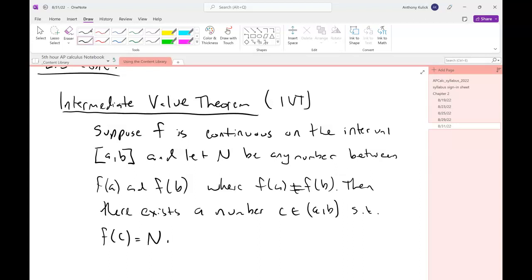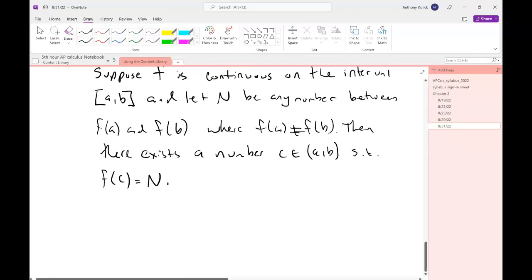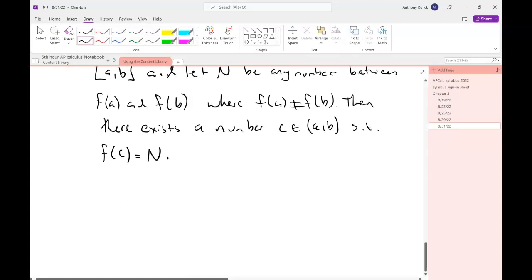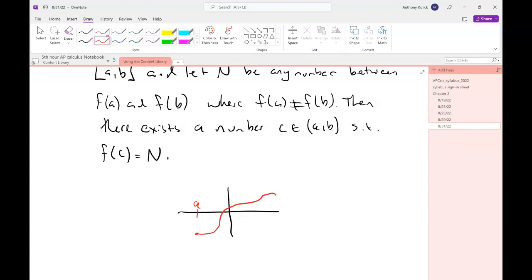Let's draw a picture to illustrate what this is really saying, because although this sounds rather technical, it's kind of a no-brainer. Let me draw a little picture here. Let's say this value here is a, and this value here is b.